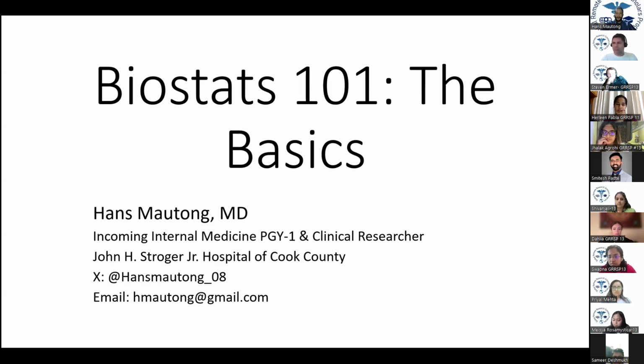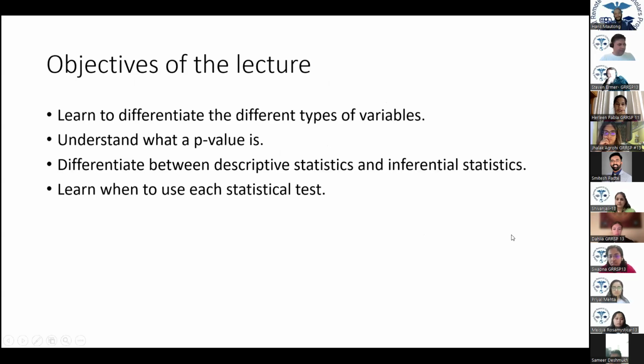So the lecture today is called Biostats 101, the basics. The objectives for today are to teach you how to differentiate between different types of variables, understand what a p-value is, because I know there's a lot of confusion there, and differentiate between descriptive statistics and inferential statistics.